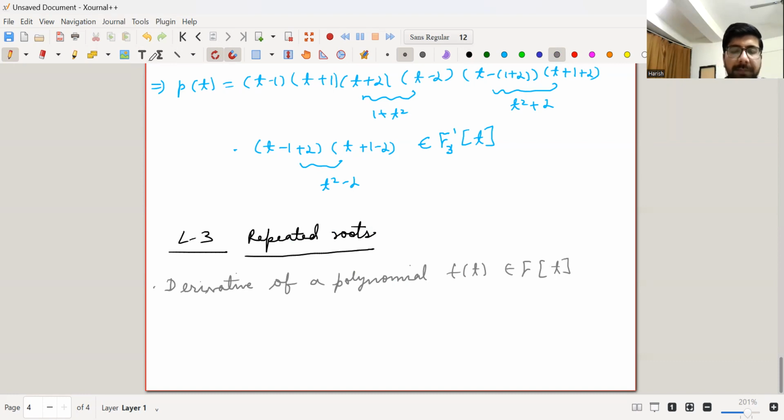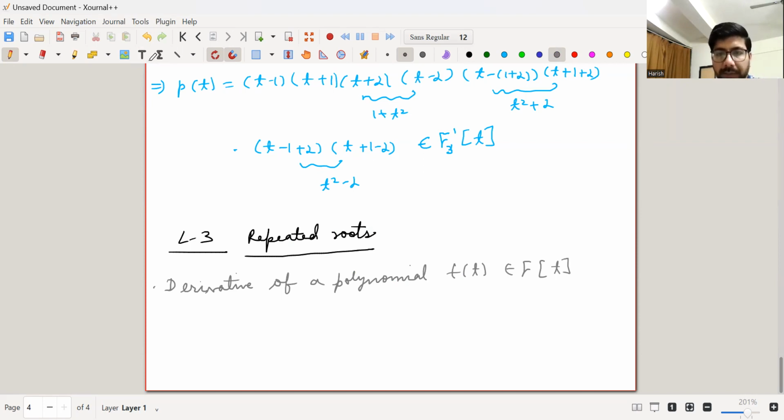Limit and continuity may not make sense in F[t], but derivative one can define in the same spirit that we define on the real numbers, functions on real values. So in the same spirit, we can define derivative of a polynomial with coefficients in any field.